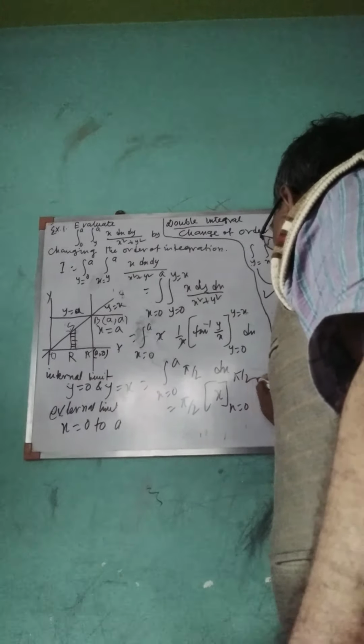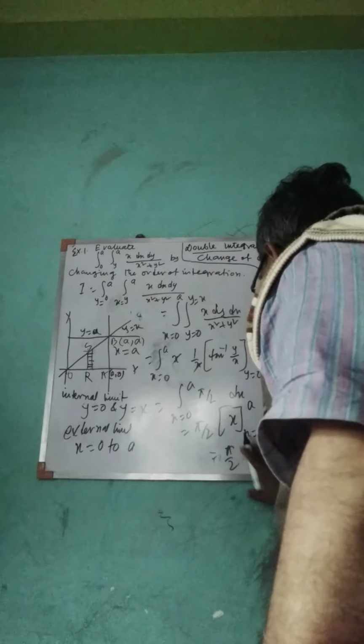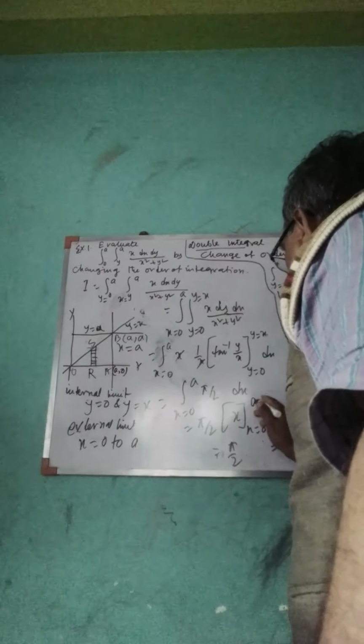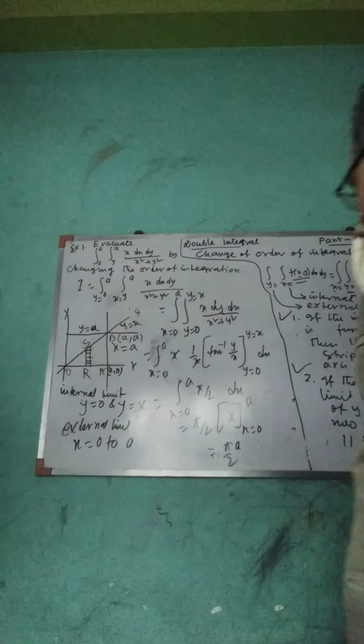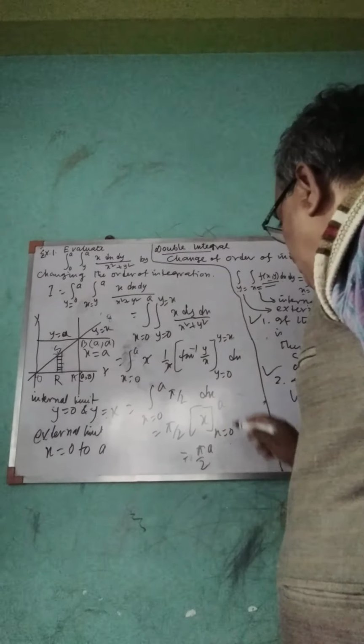So it will be pi by 2 into upper limit minus lower limit. So pi a by 2 is the answer.